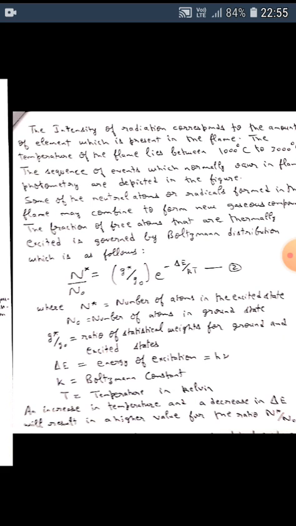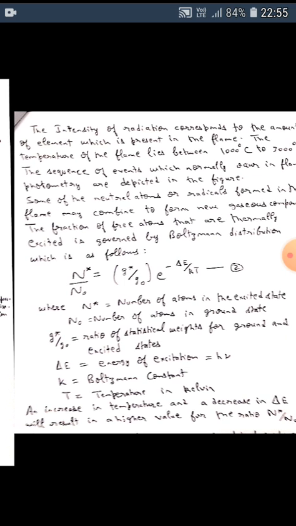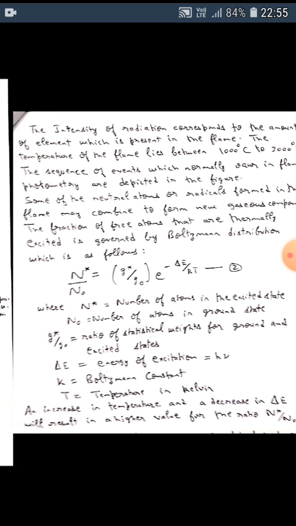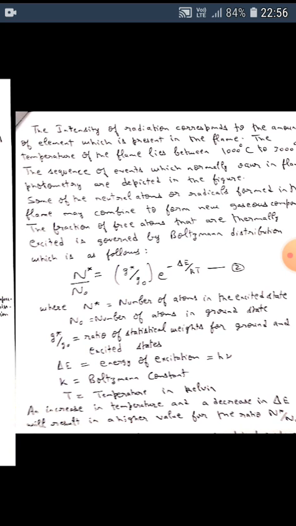Elements whose resonance lines are associated with low energy values are more sensitive in flame emission spectroscopy than those elements whose resonance lines are associated with higher energy values. Thus, sodium with an emission line of wavelength 589 nanometers shows great sensitivity, whereas zinc with an emission line of wavelength 213.9 nanometers is relatively insensitive.